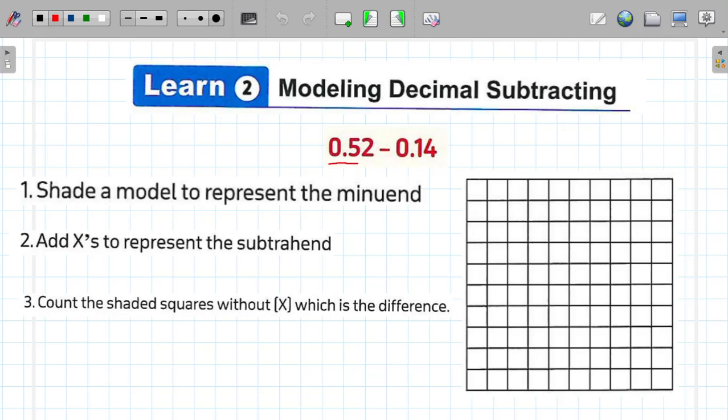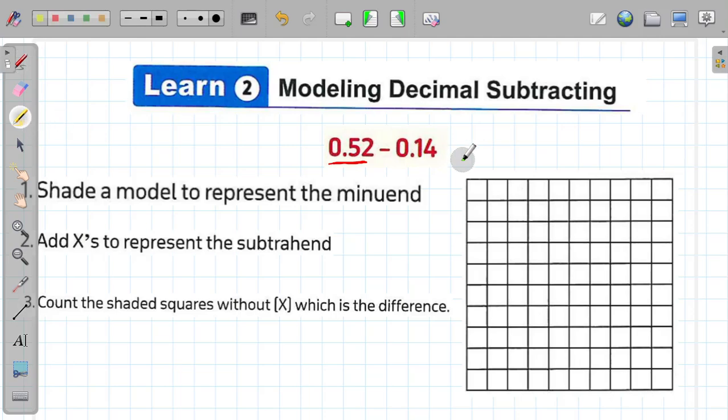So it will be here 0.52 or 52 hundredths. So first, I will shade the model like this. So I will shade 52 parts or 5 columns and 2 parts like this. So it will be the first number here.